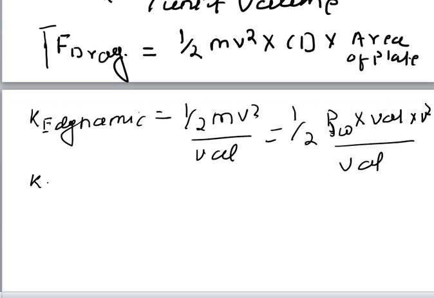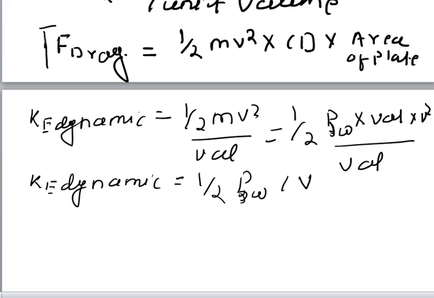So Ke dynamic can finally be written as half times rho w into v square.